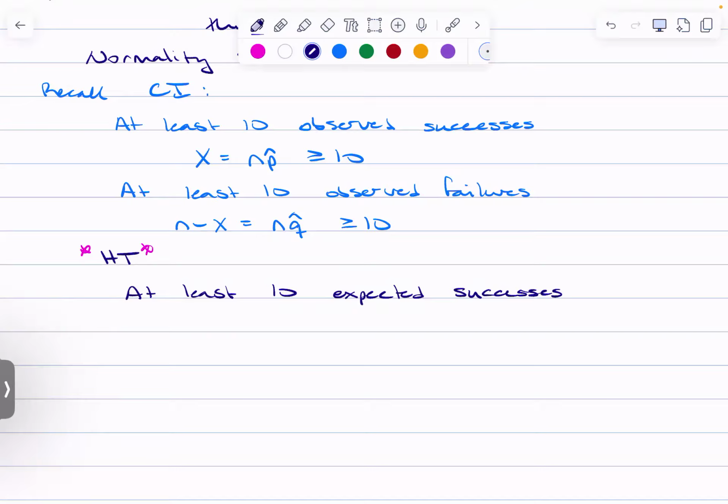From your null hypothesis, you'll have that p is equal to p naught.